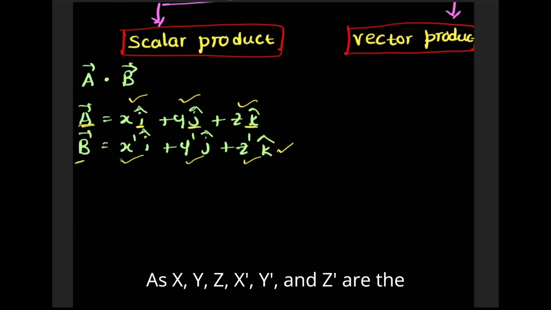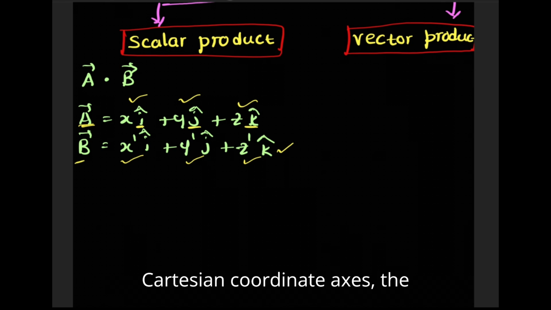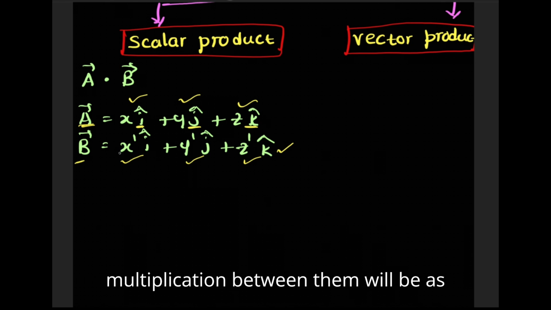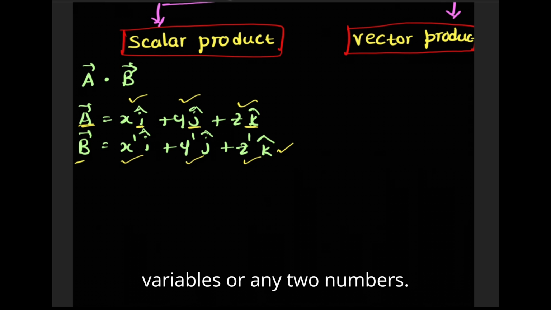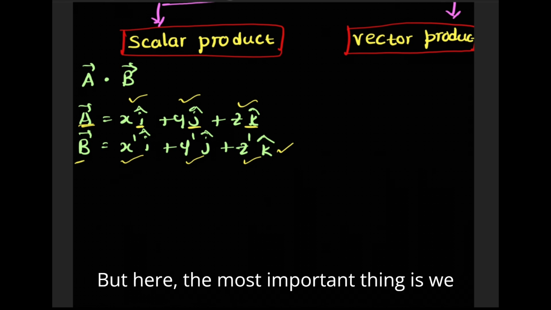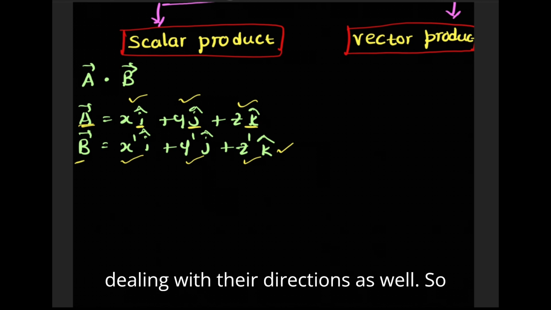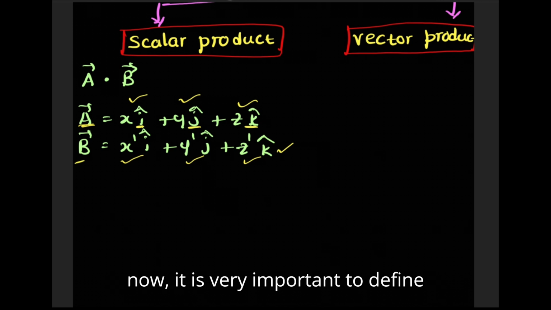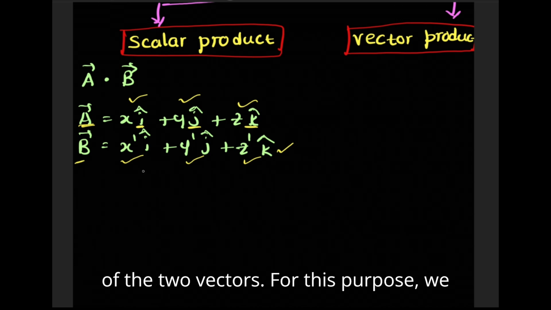As x, y, z, x prime, y prime, and z prime are the magnitudes of the vectors along the 3 Cartesian coordinate axes, the multiplication between them will be normal multiplication between any two variables or any two numbers. But here the most important thing is we are dealing with vectors, so we are dealing with their directions as well. So now it is very important to define the dot product between the unit vectors of the two vectors.